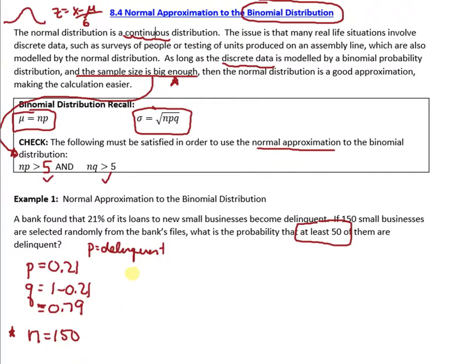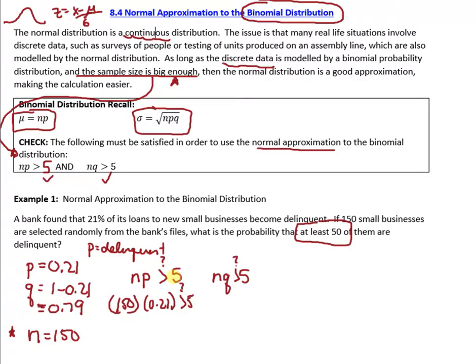So let's check if we're able to use the normal approximation. Let's check np and nq. I put np greater than 5 with a question mark above it. So 150 times 0.21, is that greater than 5?